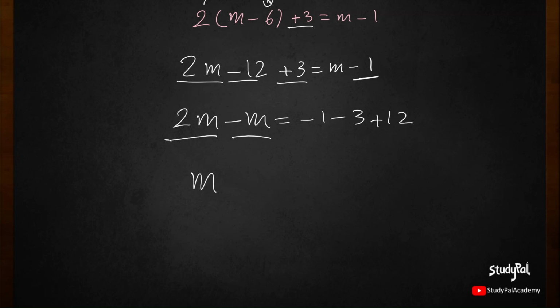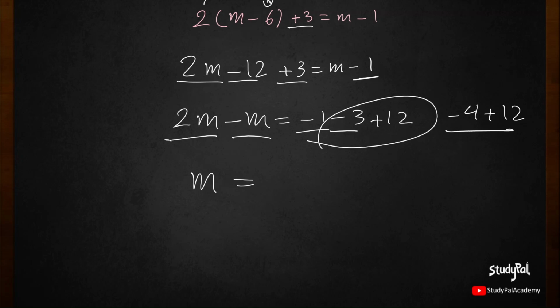Okay, so m equals minus 1 and minus 3 gives you minus 4. So here we have minus 4 plus 12, which will be plus 8. Okay, m is isolated. We will say that we solved this equation.